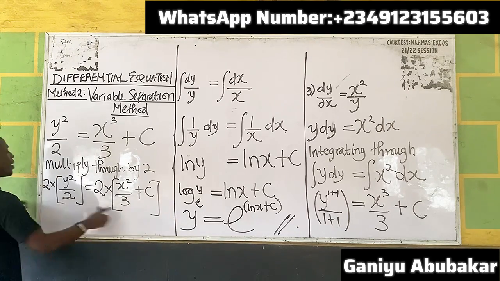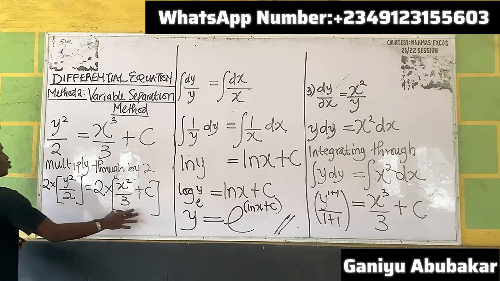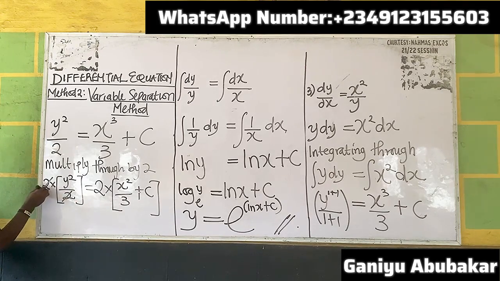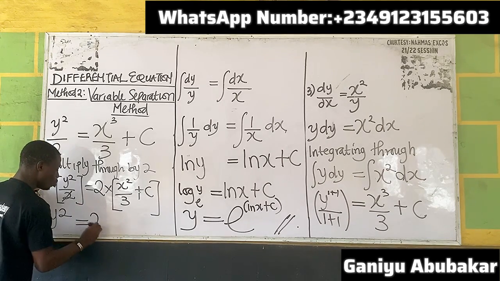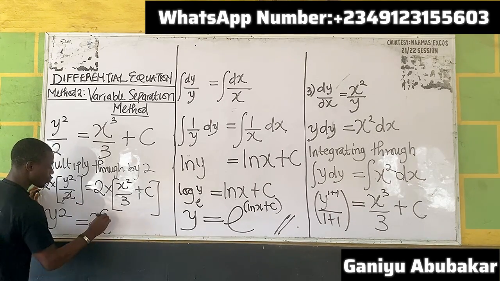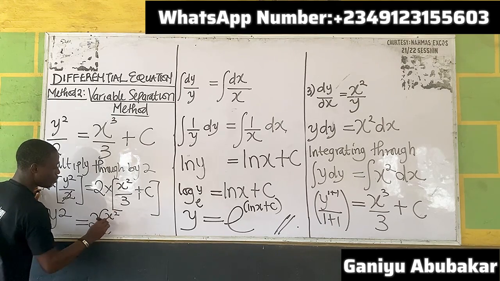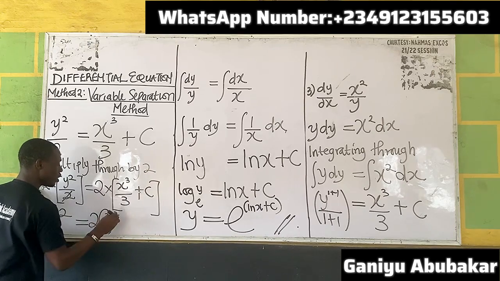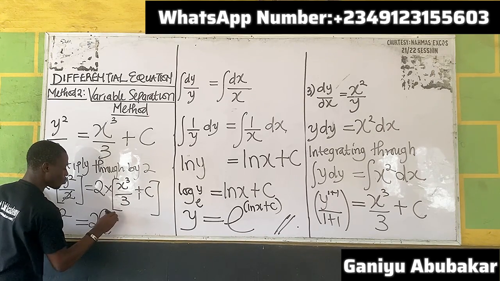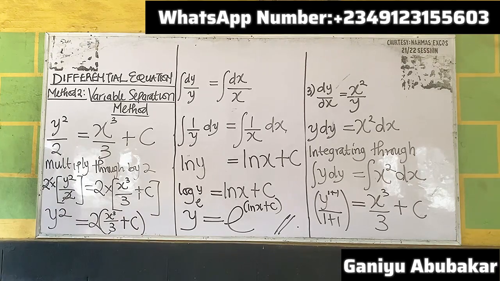This is called multiply through by 2. So these 2 cancel, and I have y squared left. Y squared is now equal to 2 times x cubed over 3 plus c.